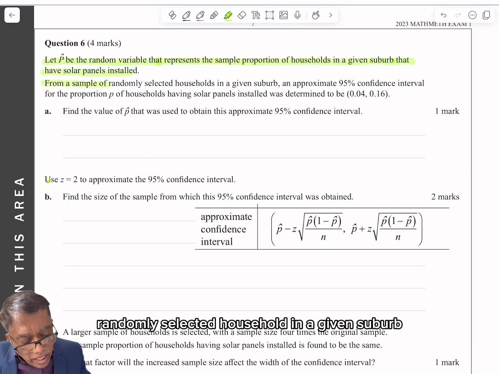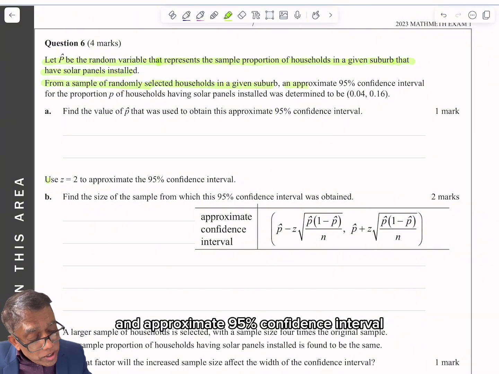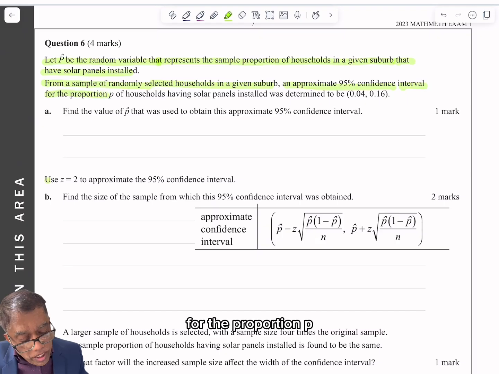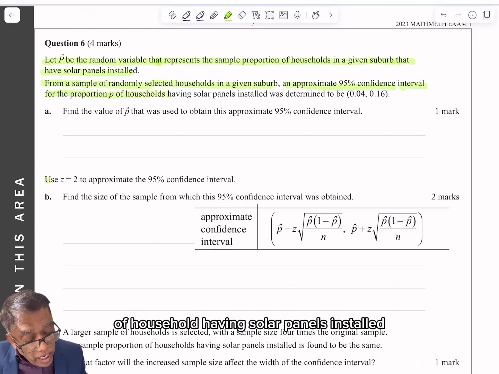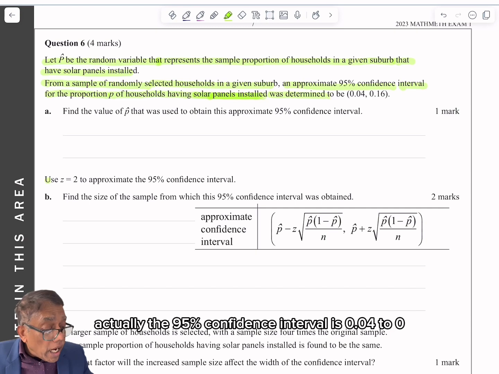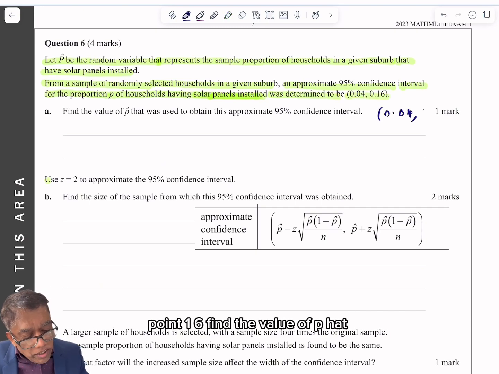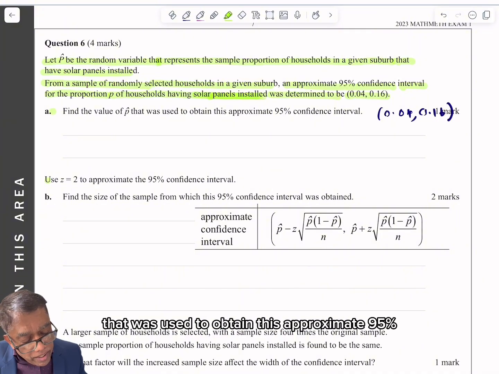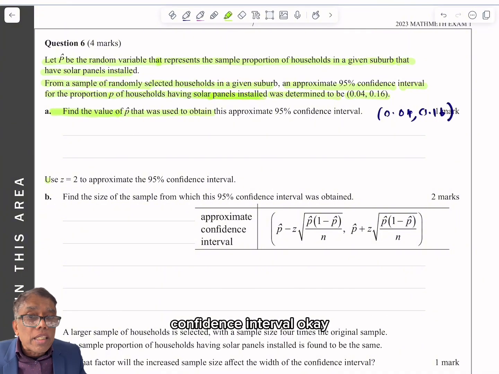From a randomly selected sample of households in a given suburb, an approximate 95% confidence interval for the proportion P of households having solar panels installed was determined to be 0.04 to 0.16. Find the value of p hat that was used to obtain this approximate 95% confidence interval.